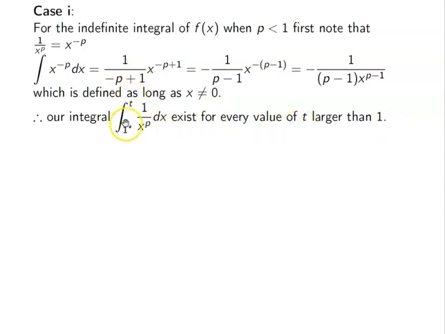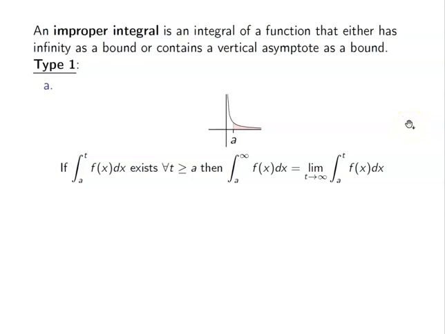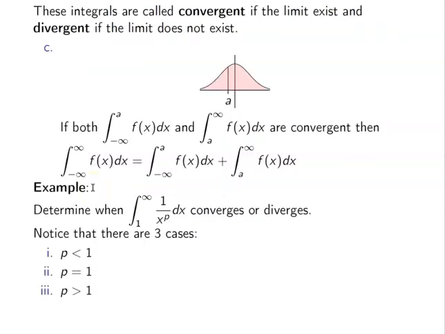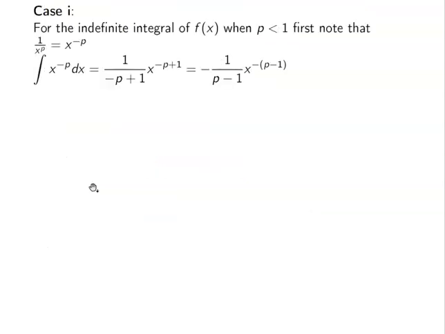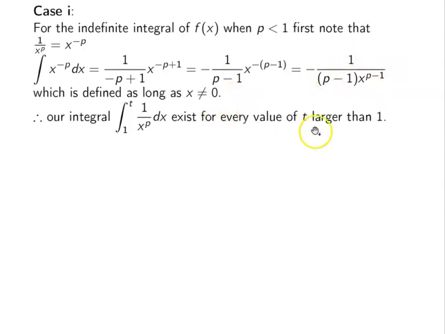So any value of t that's larger than 1, this integral exists. That was my condition, right? If we come here, if the integral from a to t of f of x exists for every t larger than my starting value. Okay, so we just verified that this works in my case, since this only does not exist when x is 0, right?